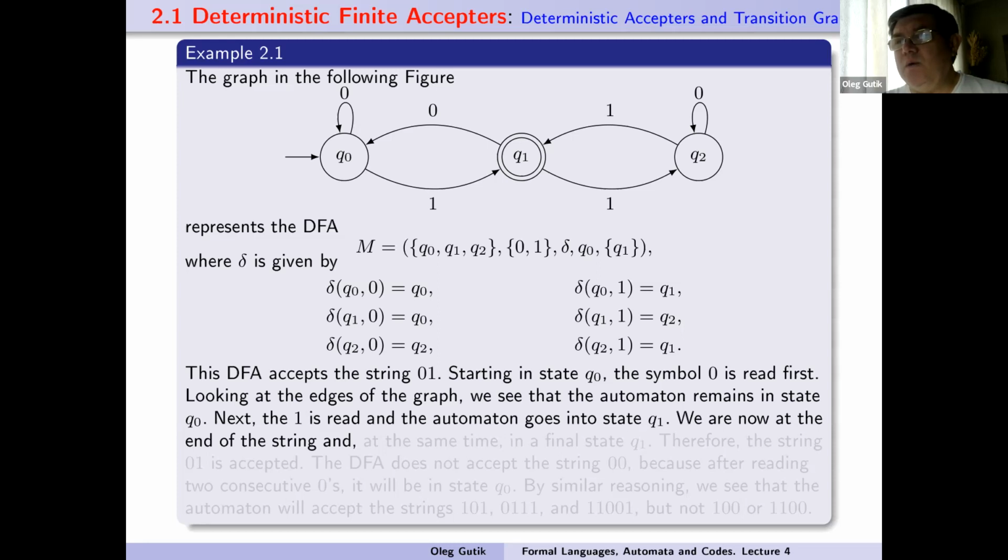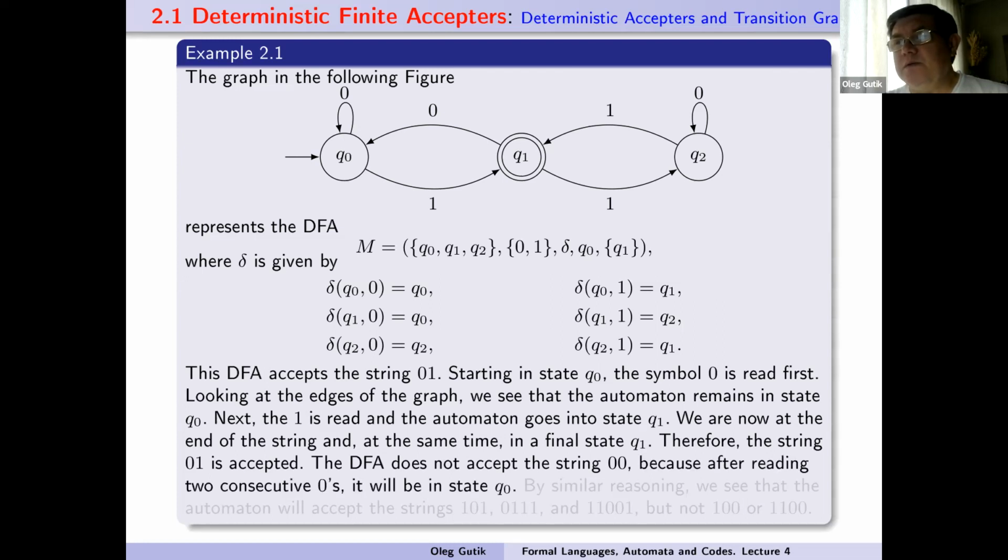We are now at the end of the string and at the same time in the final state q1. Therefore, the string 01 is accepted. The deterministic finite acceptor does not accept the string 00 because after reading two consecutive zeros, it will be in state q0.